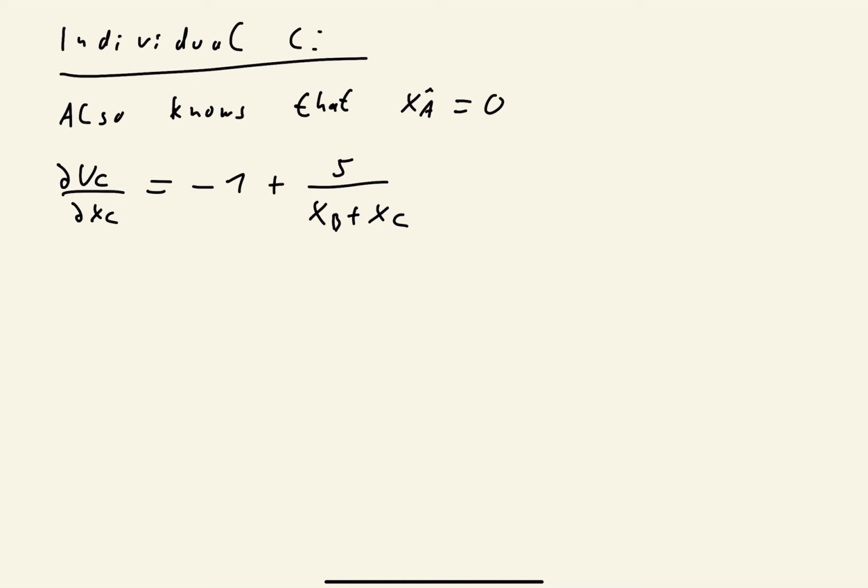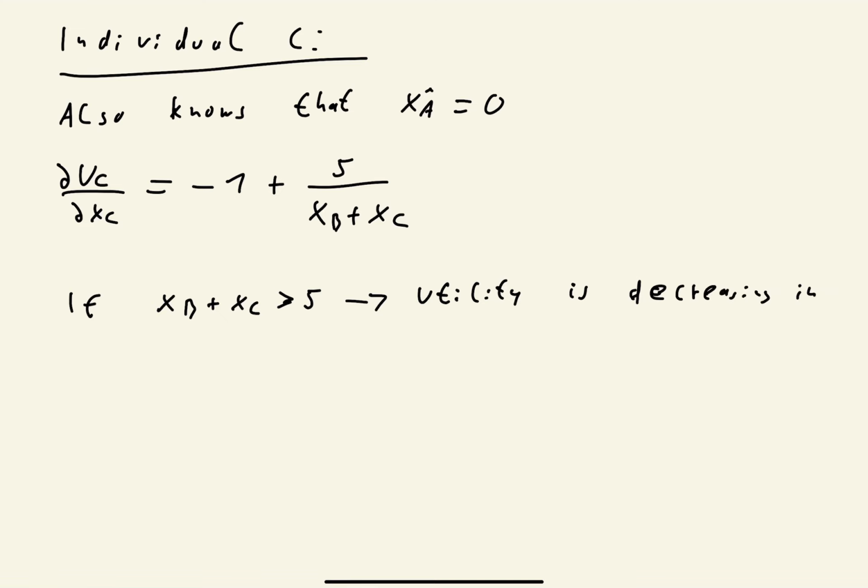And what you will have here is that if XB plus XC is strictly larger than 5, then utility is decreasing in XC.